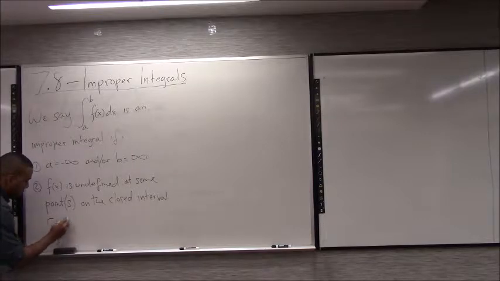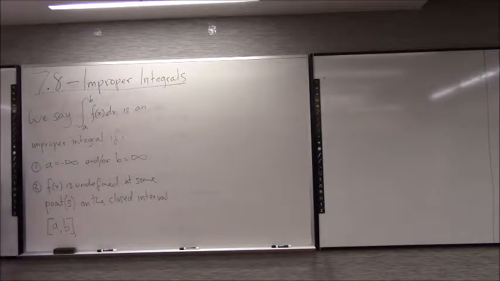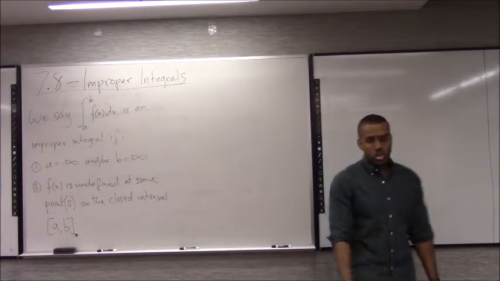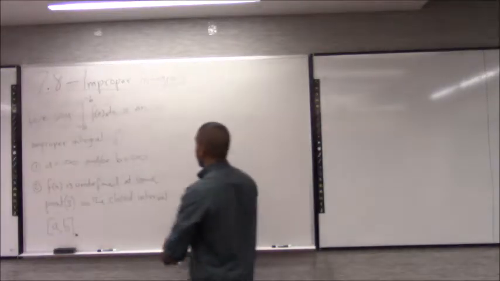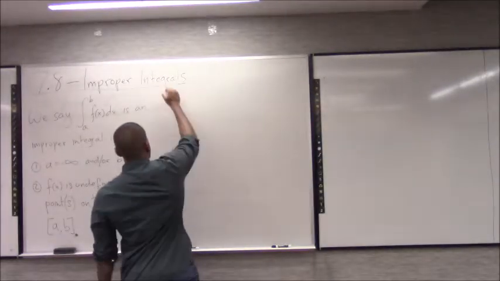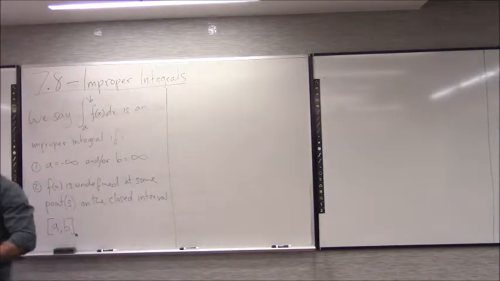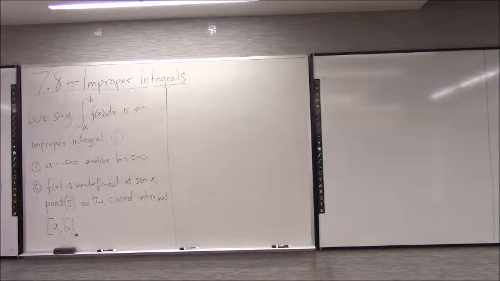So it can either be undefined at a, undefined at b, or undefined at some point in between a and b. Probably several such points, but in either case, this is what we call an improper integral. So it's kind of an integral where the interval on which we're integrating does not behave very nicely, either because it goes off to infinity, which isn't really a number, so we have to figure out how to deal with that, or at some number on the interval that we are considering, the function misbehaves, like it's undefined or something like that.